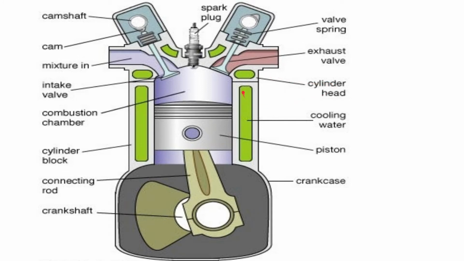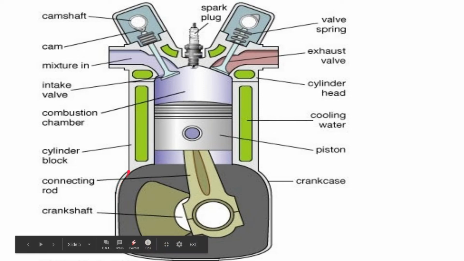These jackets are used for cooling the engine block, because the temperature can rise up to 2000 degrees Celsius, so we want to take away the heat from the cylinder. Hence these water jackets are used, which contain cooling water inside them. The top is the cylinder head, and this is the cylinder block.